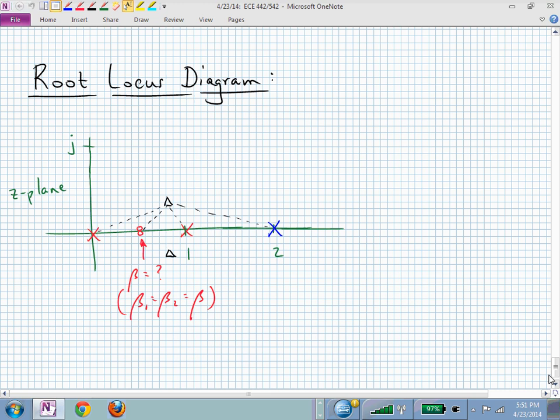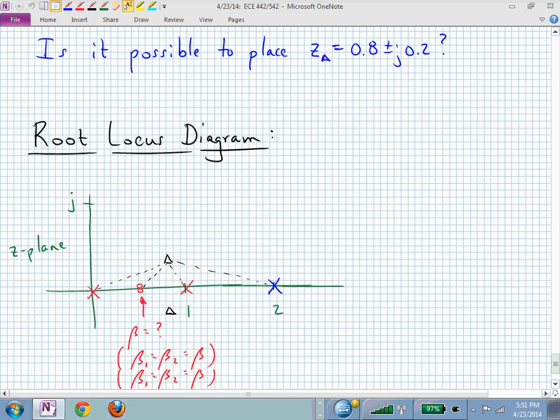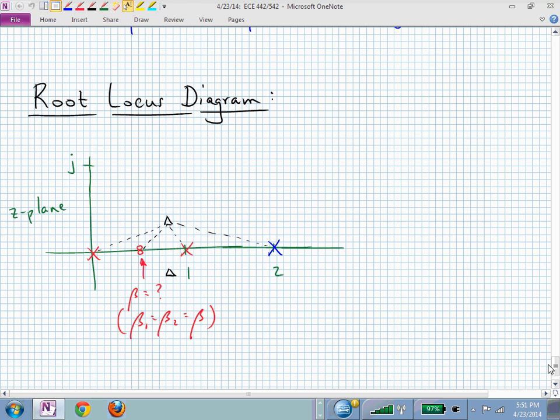And what have I done? I've drawn my triangles at roughly 0.8 plus and minus j0.2. If you wanted to design your controller graphically, you basically could, if you do an accurate job with your sketch. You could have your paper, and accurately sketch and measure with your protractor and your ruler and get these particular values determined.